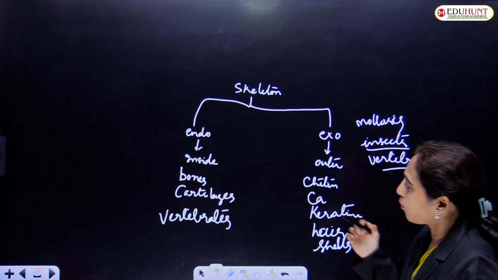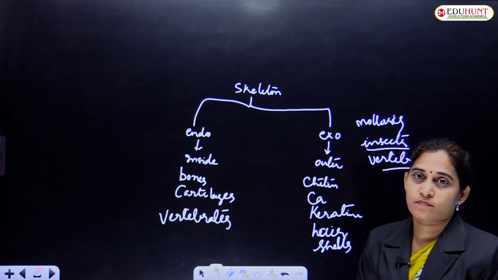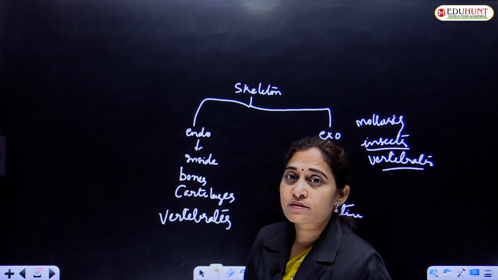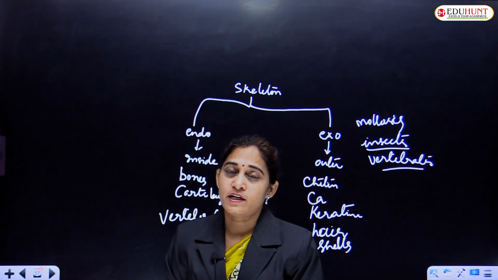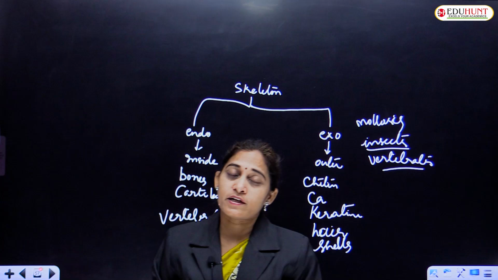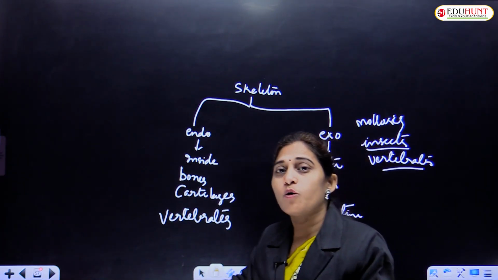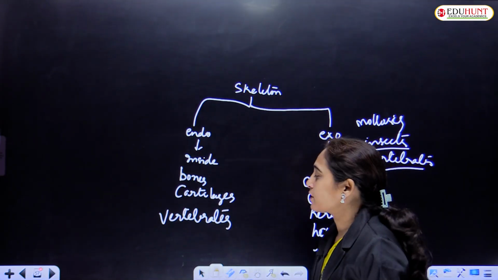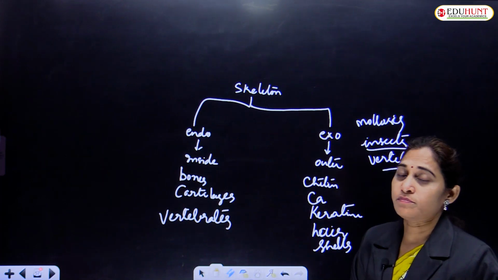Vertebrates possess both exo and endoskeletons. Endoskeleton provides mechanical support to the body, protects internal organs, and aids in locomotion. So this is a brief about the skeletal system.